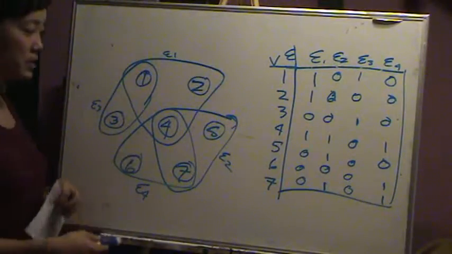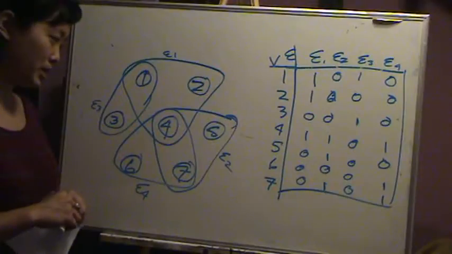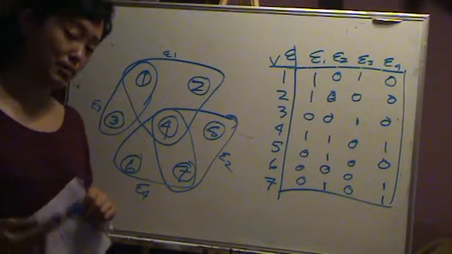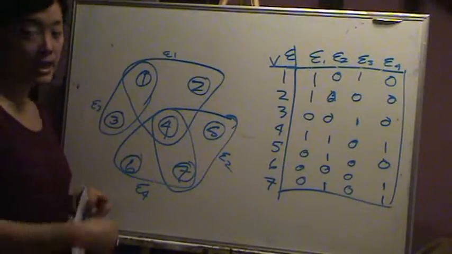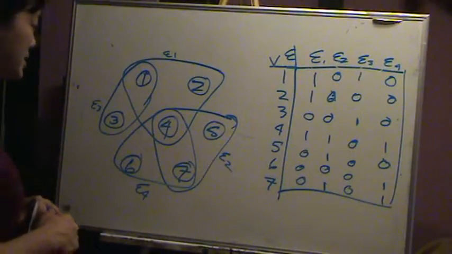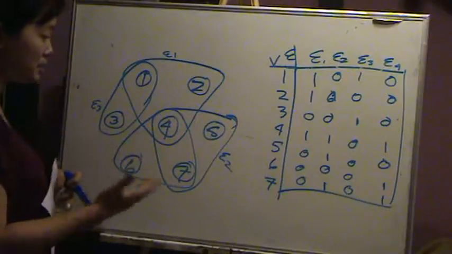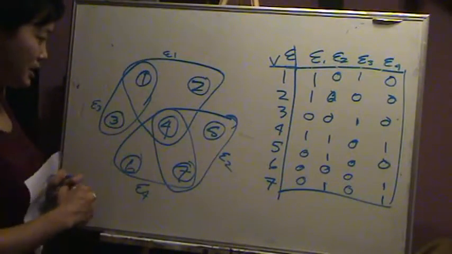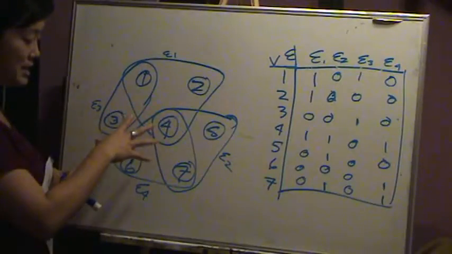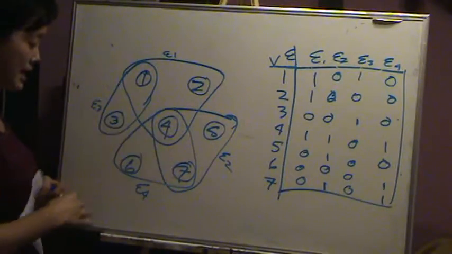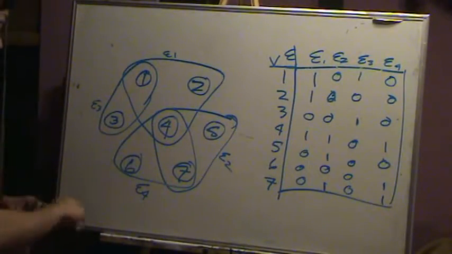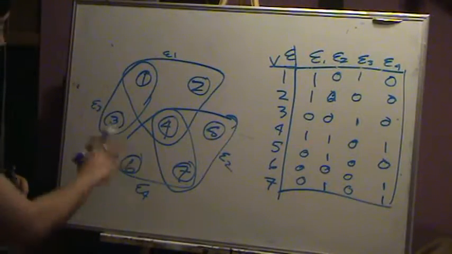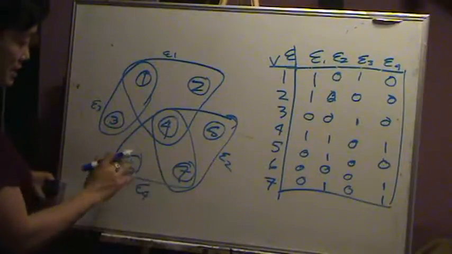Alright, and I'll note here that one popular area of research is finding minimum transversals, which is trying to find the minimum set of vertices such that the vertices intersect with every single edge. So in this example, a minimum transversal is easy to find.